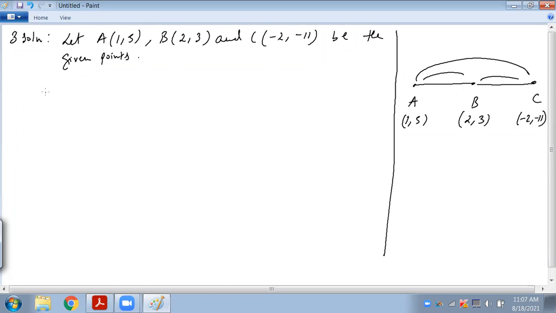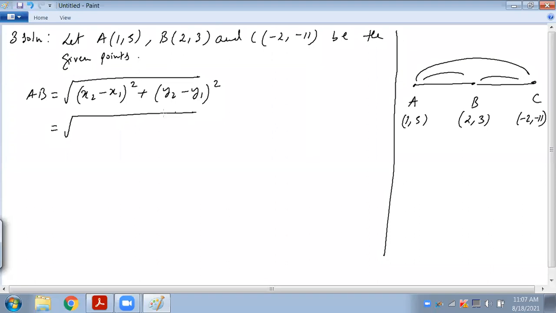So first find AB. AB means the distance between the points A and B. So it will be what? The same formula, the distance formula, x2 minus x1 whole square plus y2 minus y1 whole square. For A and B, you can take A as x1, y1 and B as x2, y2.